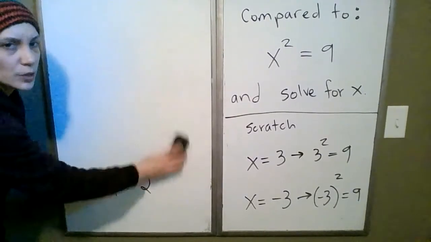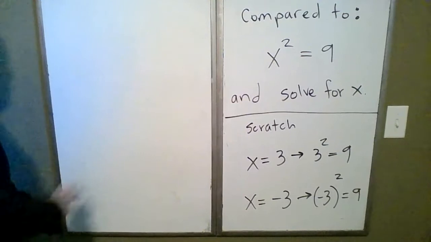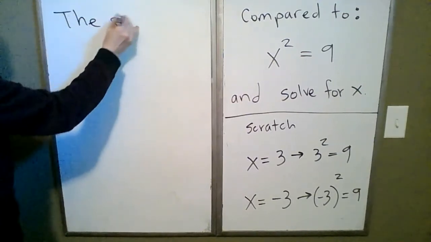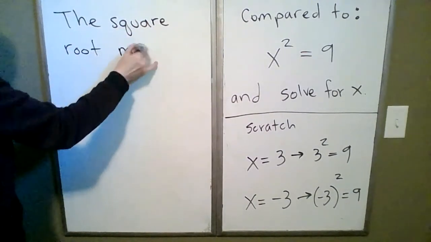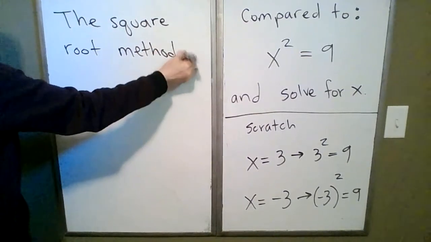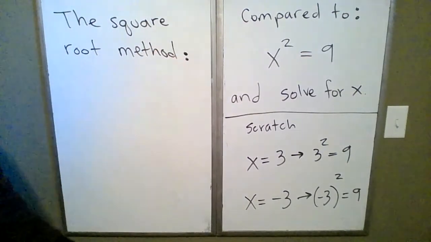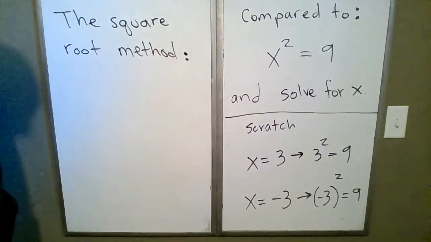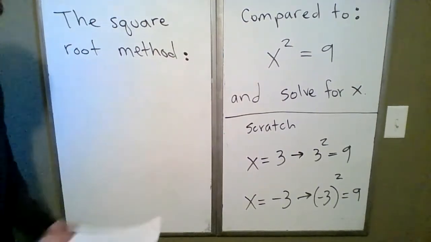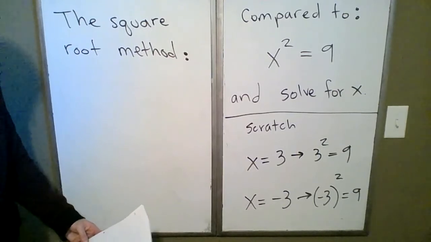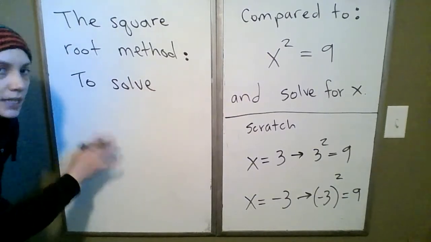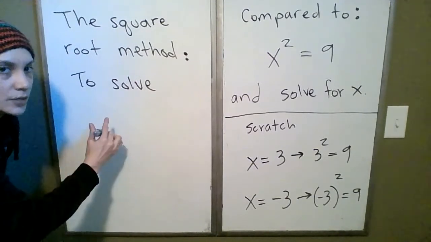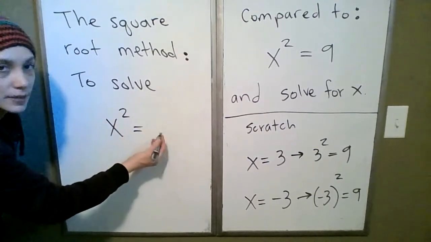On Google it was called the square root method. You're solving something that looks like x squared equal to a number. So x is your variable and b is some number.